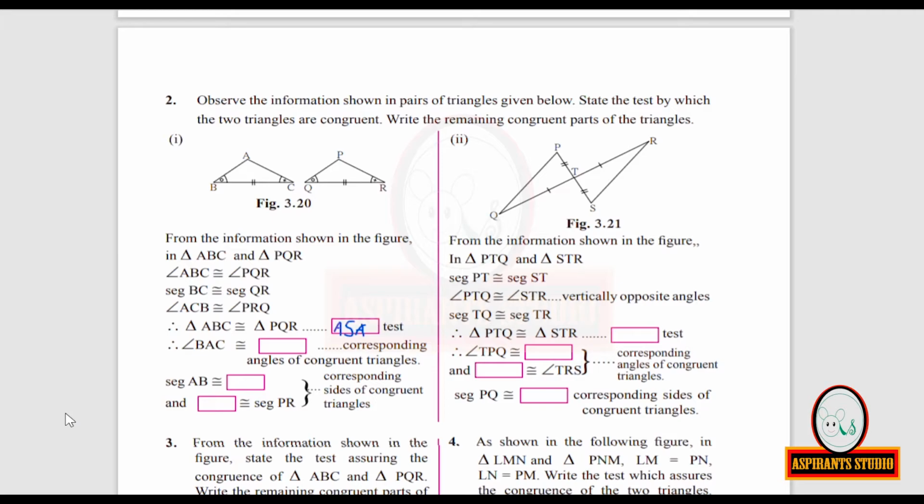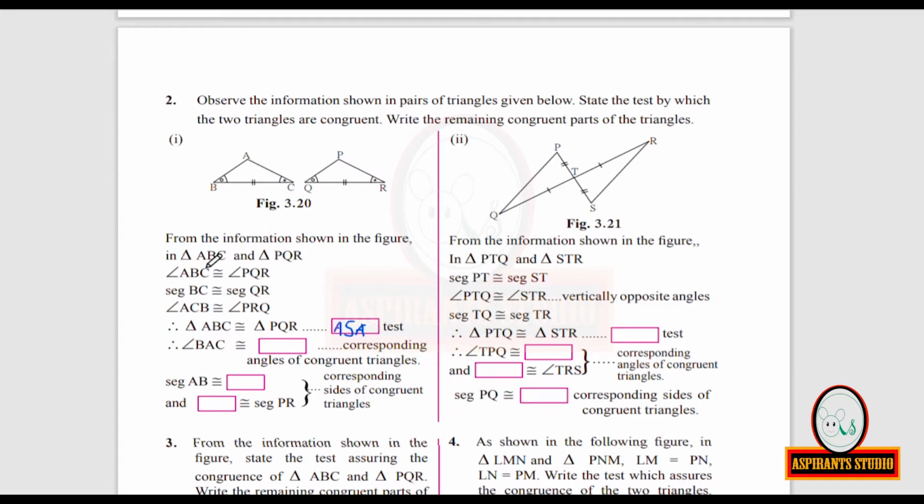So now look at that previous statements. We have angle ABC is congruent to angle PQR. Angle ACB is congruent to angle PRQ. And one more angle is missing to be written. What is that? Angle BAC. So angle BAC will be congruent to which angle? We have to see the correspondence of the vertices.